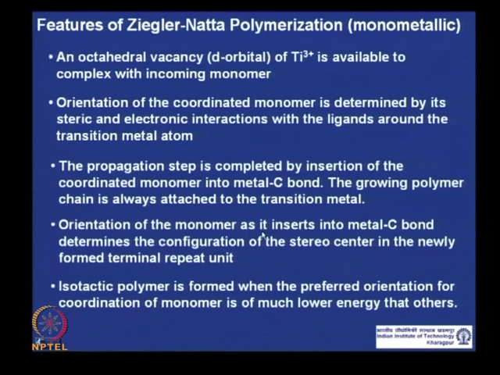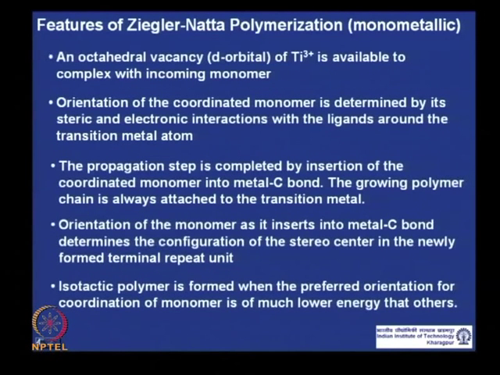Remember, in the case of bimetallic, the growing polymer chain was attached to the aluminum metal. Now, the orientation of the monomer as it inserts into the metal carbon bond determines the configuration of the stereo center in the newly formed terminal unit. That is obvious. The orientation of the monomer when it gets complexed and inserted determines the stereo center, whether it will be isotactic or syndiotactic.